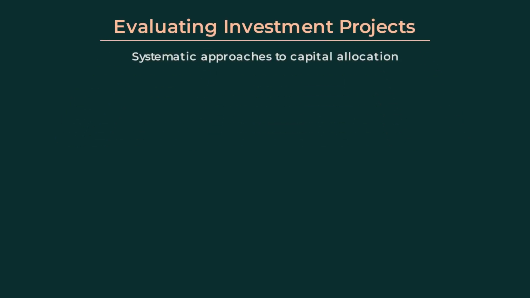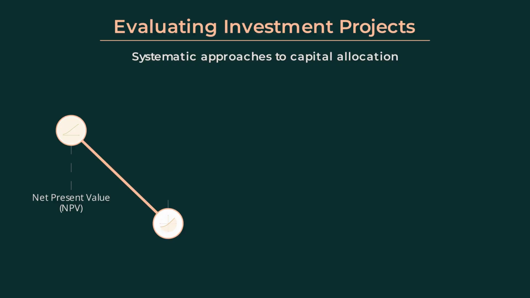Now, let's shift our focus to evaluating investment projects, a crucial step for making smart capital allocation decisions. We'll explore systematic approaches and various tools that help us effectively allocate capital for future growth. One key tool is net present value, or NPV, which helps us assess the profitability of potential investments. Another vital metric is the internal rate of return, or IRR, indicating the project's inherent rate of return.